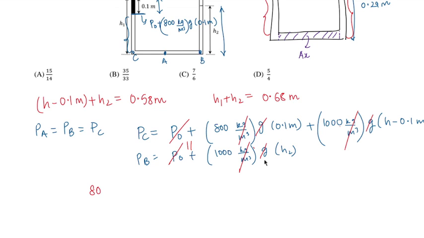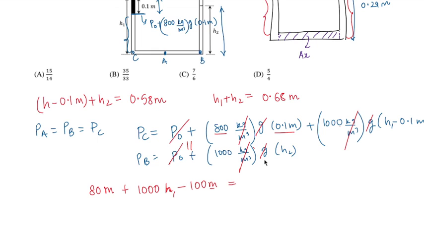And now you have 80 meters. I'm multiplying this out. So 80 meters plus 1,000 h1 minus 100 meters. Don't confuse this m with a variable. Only h. The h's are a variable. This should be h1, by the way. And here you have h1 again.